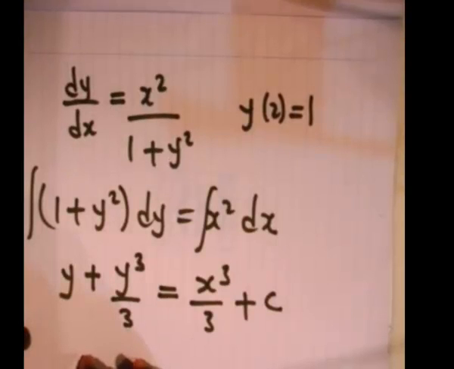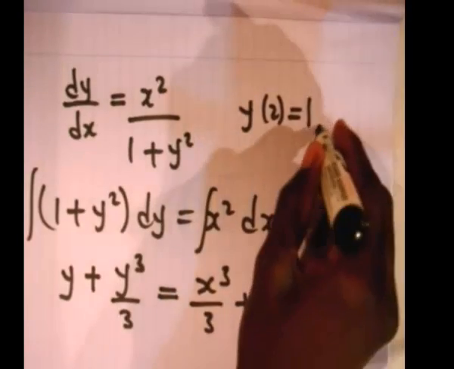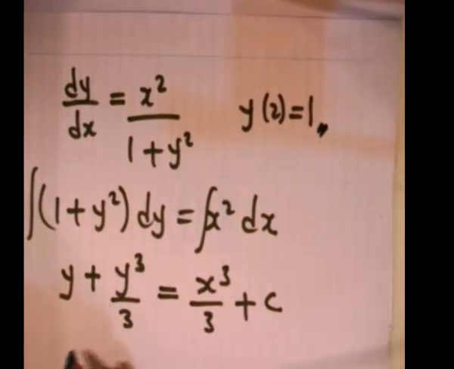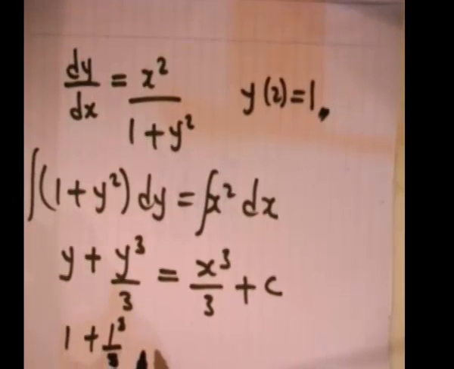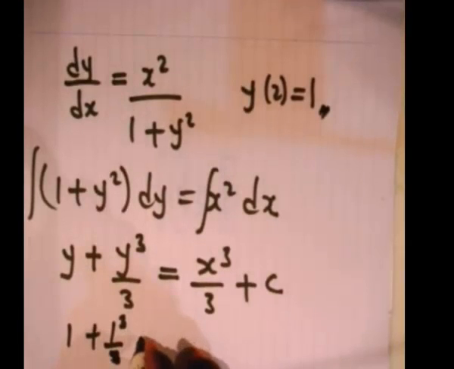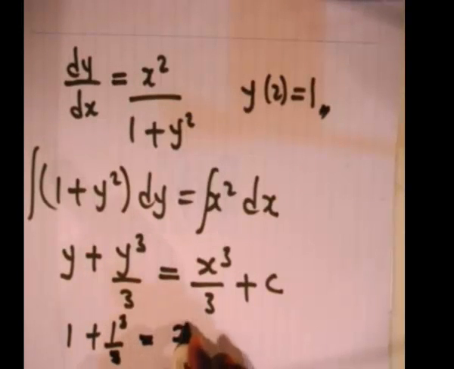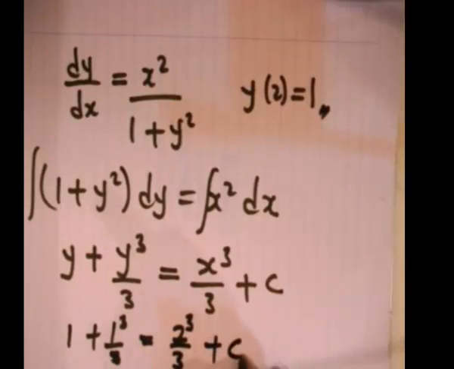Using the initial condition to get the value of our constant c, our y equals 1 when x equals 2. So we have 1 plus 1 cubed on 3 equals 2 cubed on 3 plus c.